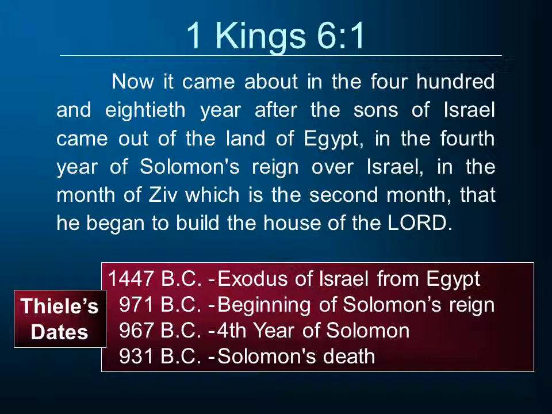I don't think what's been suggested by some scholars, that this is just speaking of multiples of 12 generations, is what is taking place here. I think it's around 480 years, this period of time, and that's why I accept this early dating of the Exodus, Thiel's dates, or anything that comes close to that.